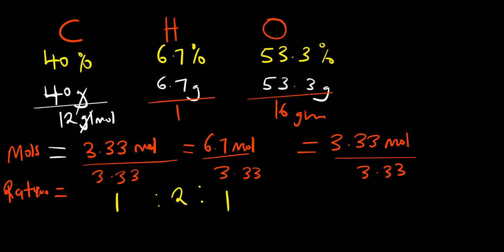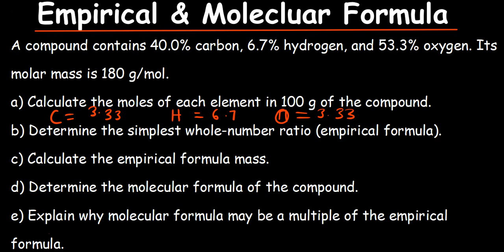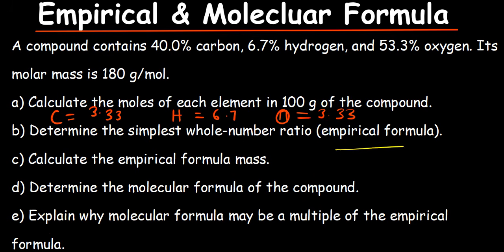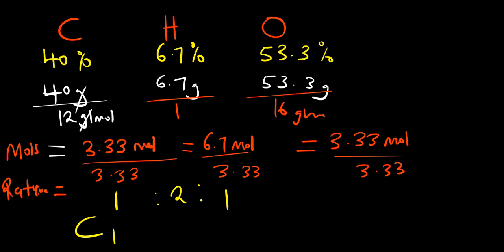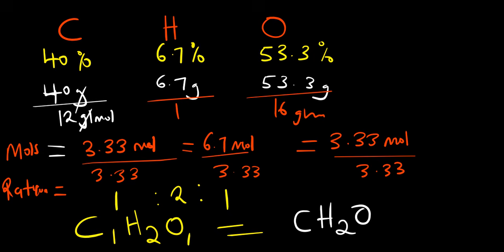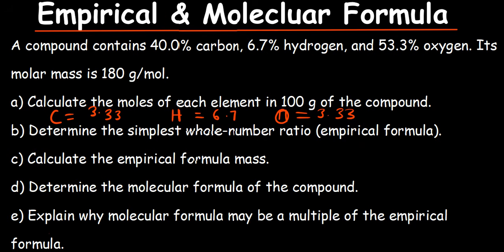We're told to determine the simplest whole number ratio. The simplest whole number ratio is what is going to give us the empirical formula. So in this case, the formula is going to be C1 H2 O1. Then when you simplify it, it's just going to be CH2O. So this is what we are calling the simplified whole number ratio. It is CH2O.